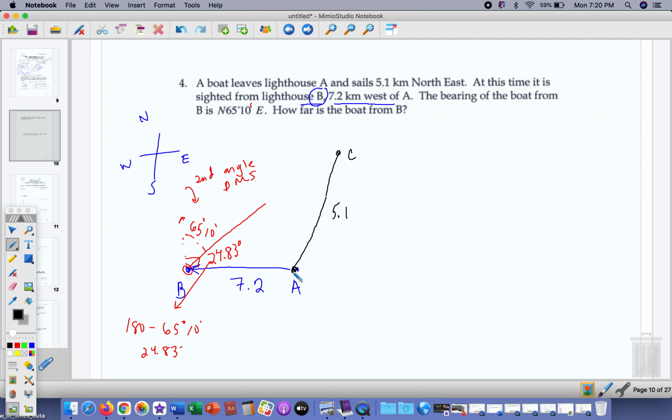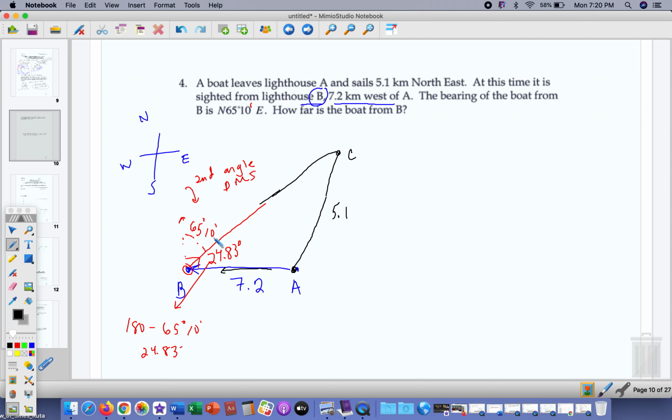So a boat leaves A, goes northeast, 5.1 to C. Then at this time it's sighted from lighthouse B, which is 7.2 to the west of A, at a bearing, and we filled in the bearing. Okay, now let's connect. How far is the boat from B?